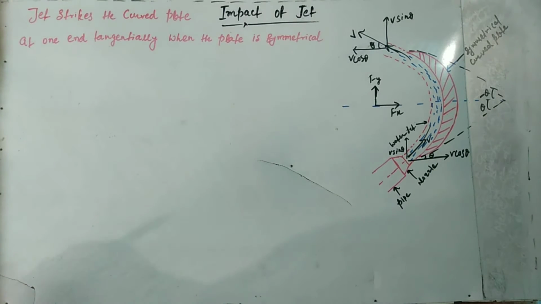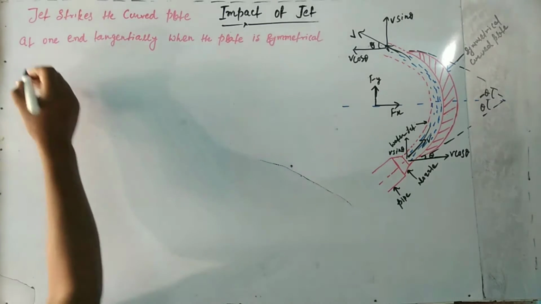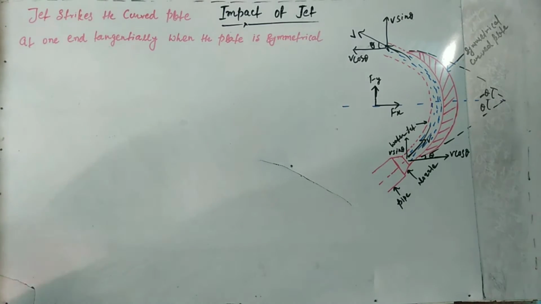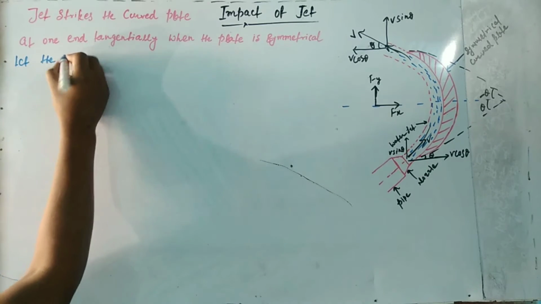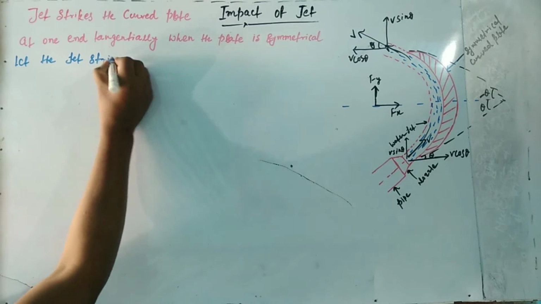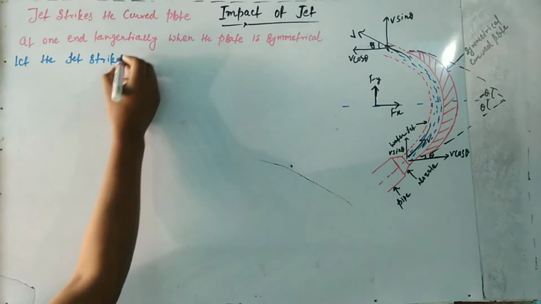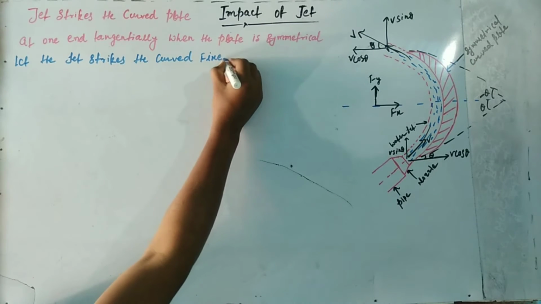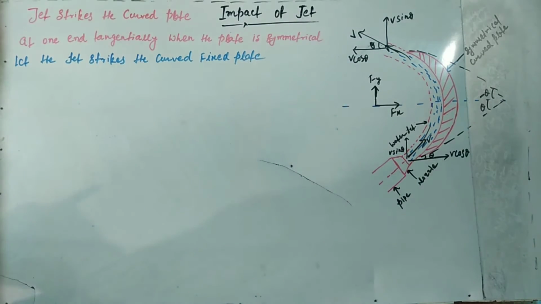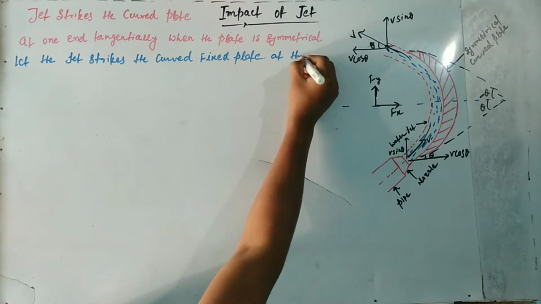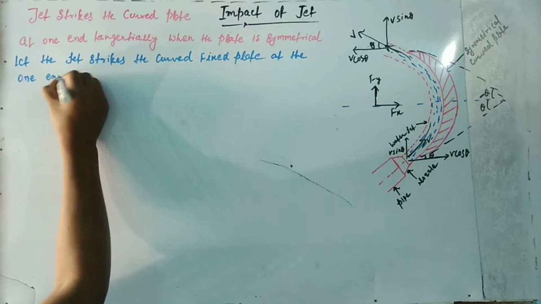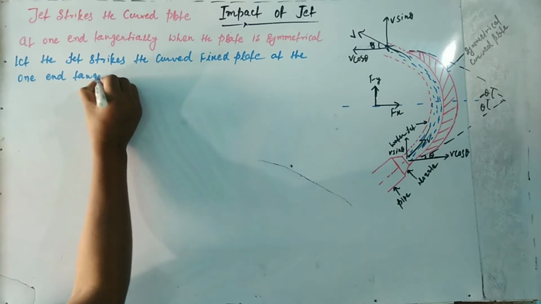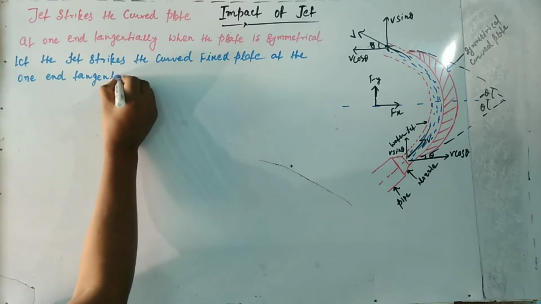Now we will find what is force acting on the curved plate. So let the jet strike the curved fixed plate at one end tangentially.